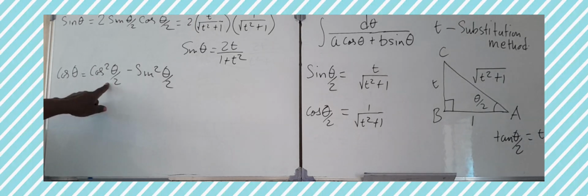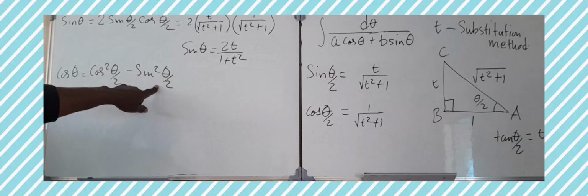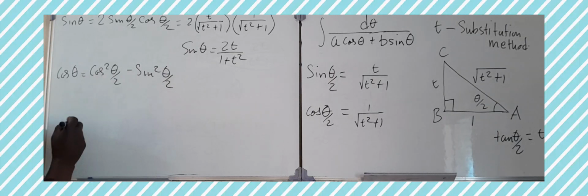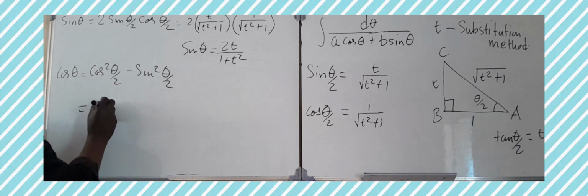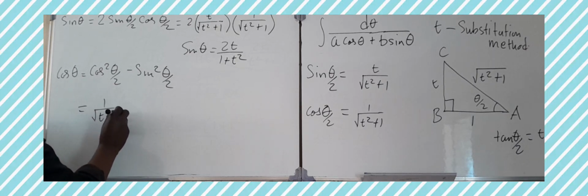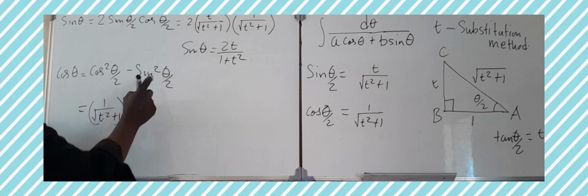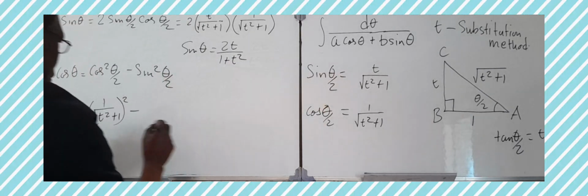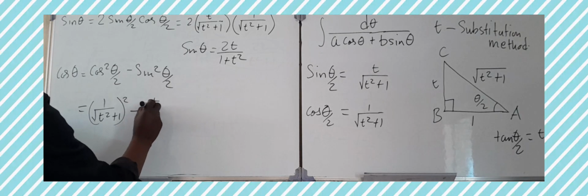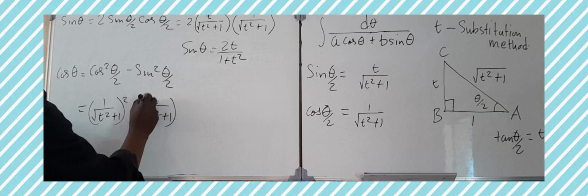We know the expressions for cosine of theta over 2 and sine of theta over 2, so we can replace them: 1 over the root of t squared plus 1, all squared, minus T over the root of t squared plus 1, all squared.